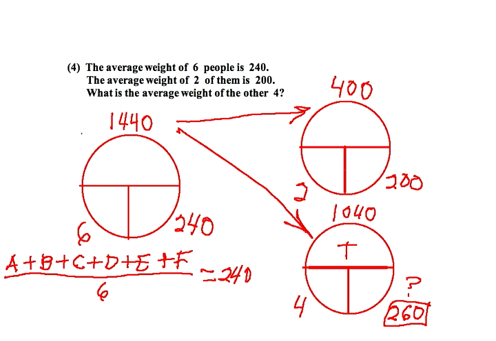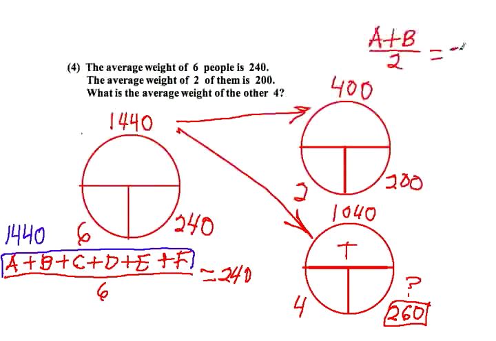So multiplying both sides by 6, that tells us the total weight is 1440. Okay, and if we look at the group of 2, make them Al and Bob, we can solve for their total as being 400.